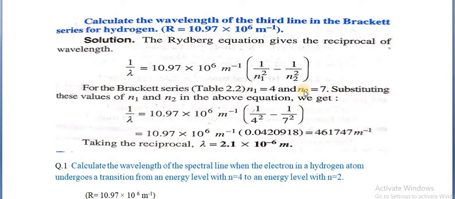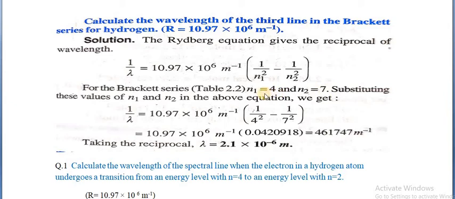The reason is that the first series is Lyman, then Balmer, Paschen, then Brackett, the fourth series. So in the fourth series, the value for n1 is 4, whereas n2 will be 5 for the first line, 6 for the second line, and 7 for the third line. So n2 will be 7.